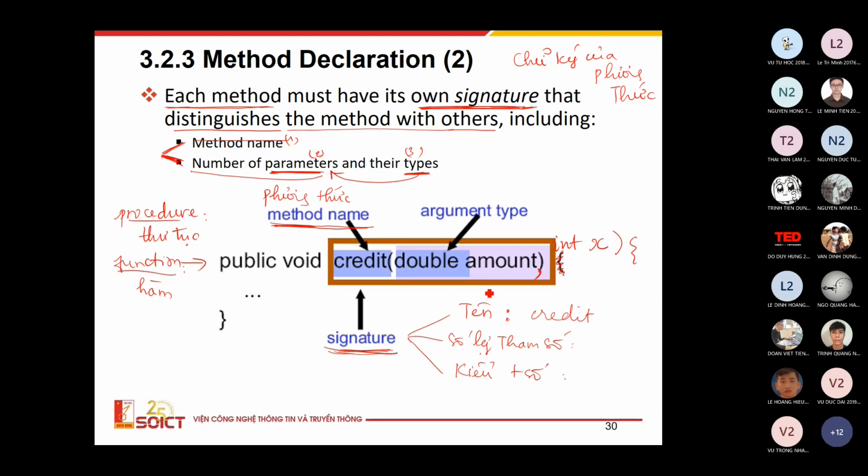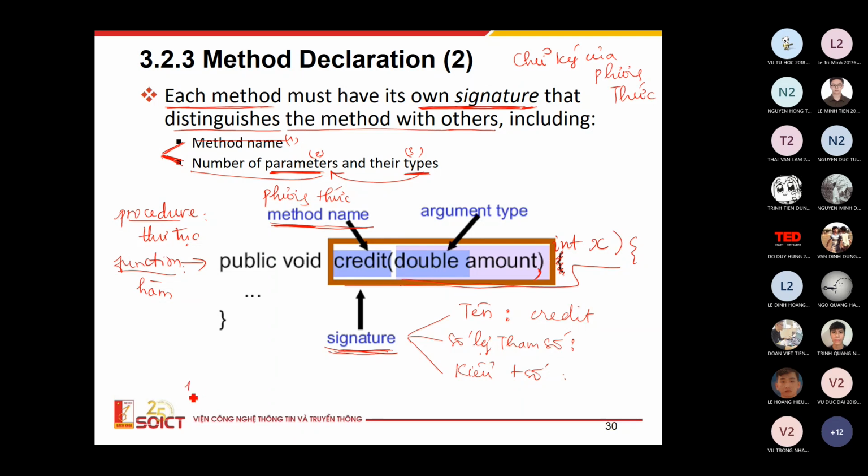The number of parameters is 1. No, here I add x. How many number of parameters? X number of parameters.